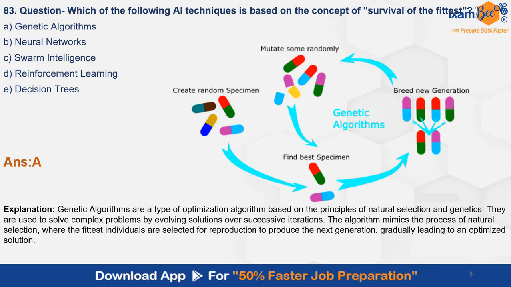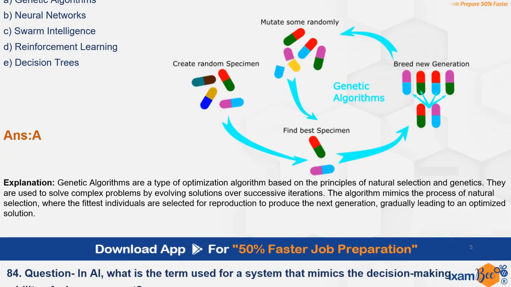So this approach is helpful in complex optimization problems, for example route optimization, and sometimes finding the shortest path in delivery networks. There we use genetic algorithms.